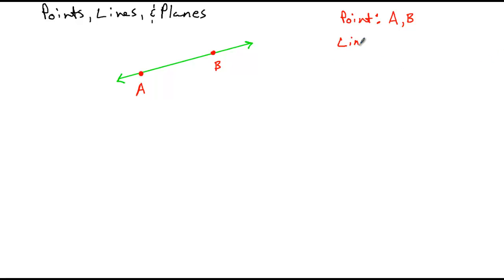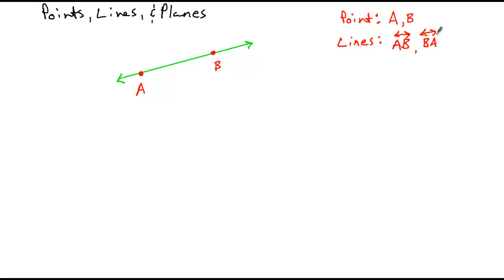So if I want to list out the lines that I've made here, hopefully you remember that to name a line, you have to use any 2 points, not 3 points, not 4 points, not 5 points, 2 points, only 2. So this is line AB. It could also be line BA.